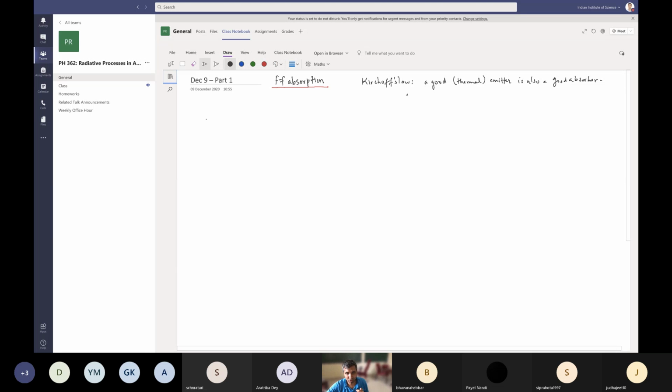The macroscopic form is alpha nu equals j nu by B nu, right? This is what Kirchhoff's law says in terms of macroscopic coefficients, absorption coefficient alpha and emissivity j. Recall B nu is your I nu for a black body, which is, can someone tell me? Maybe let's see if you remember.